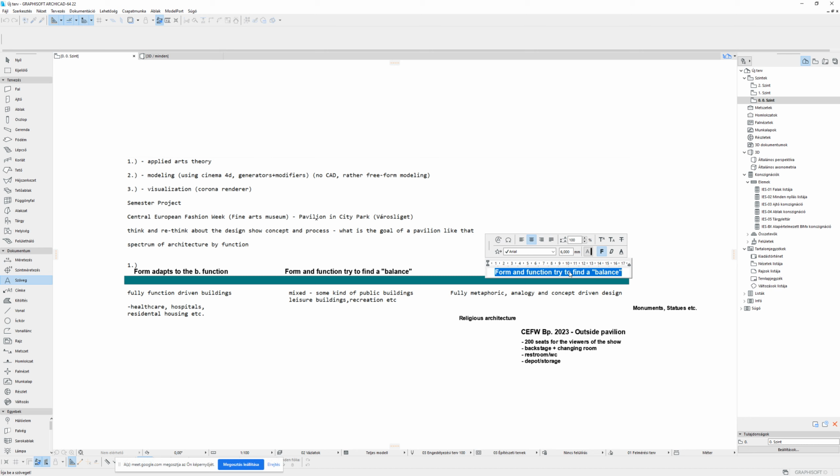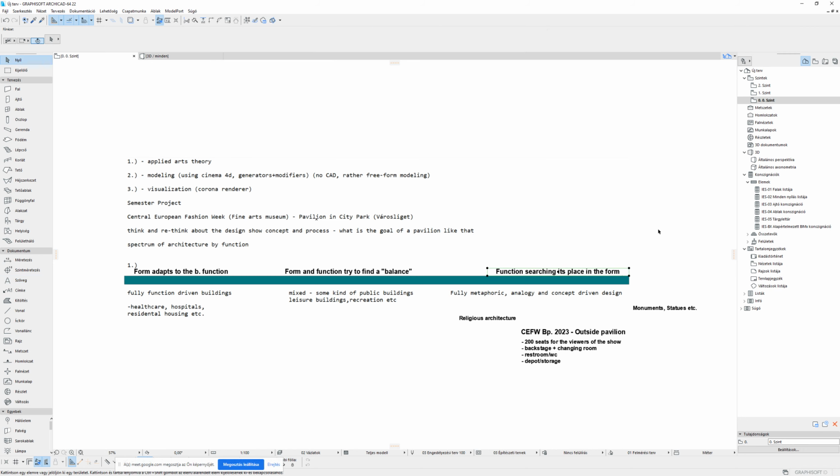Yeah, let's translate it for now. Yeah, good. This is a good answer. Let's translate it for now as function searching its place in the form. Okay? Why?